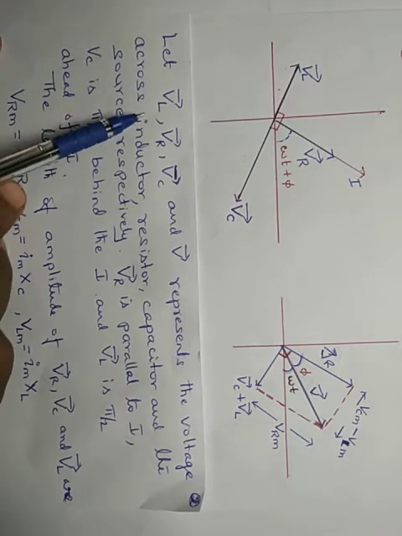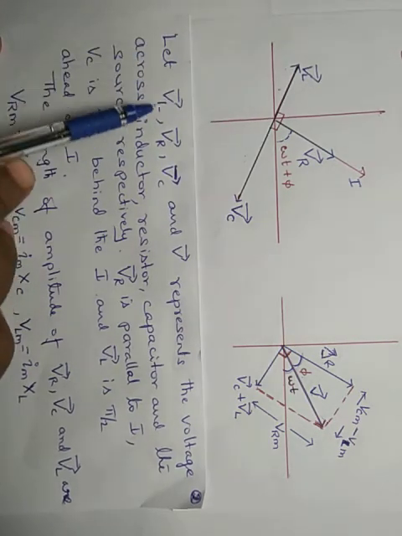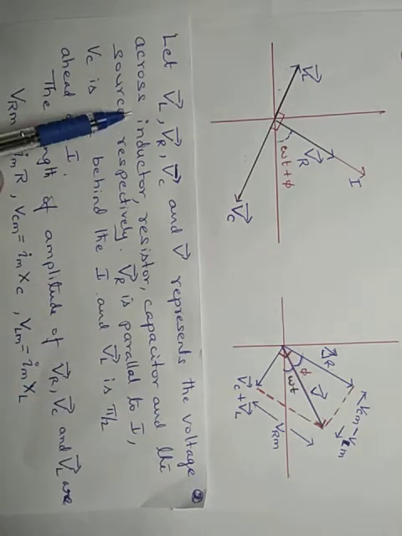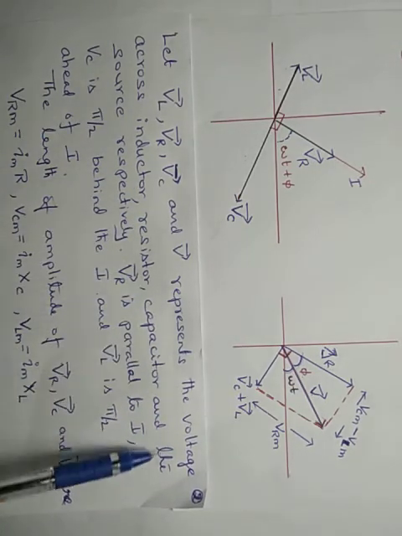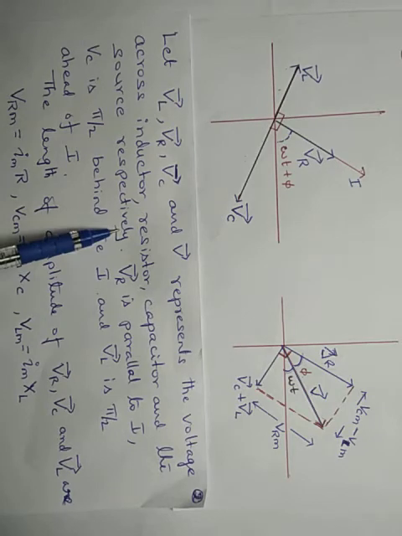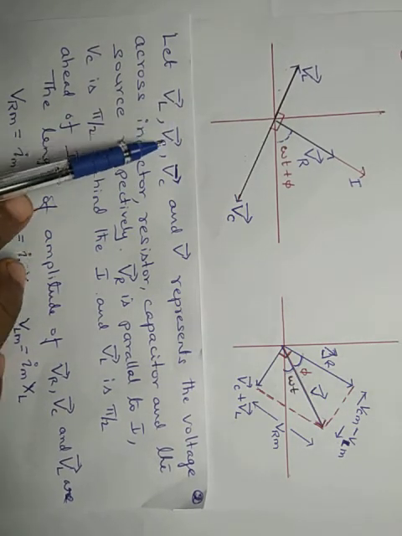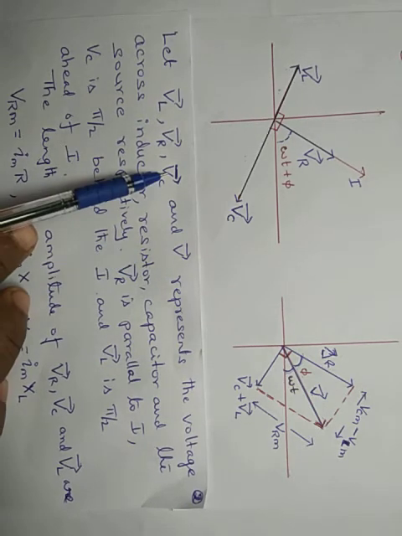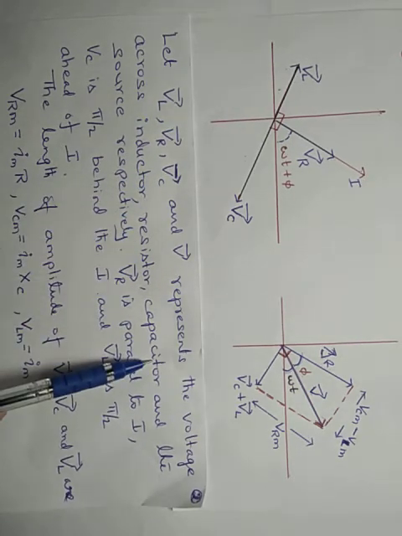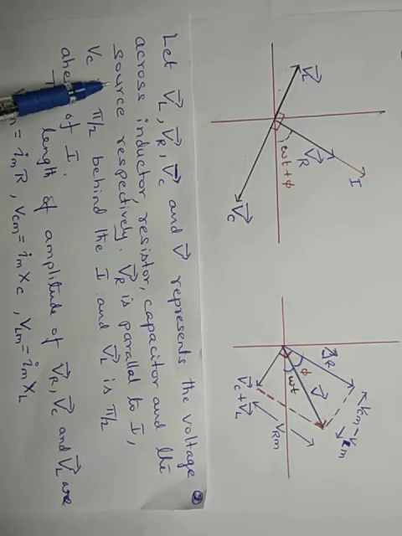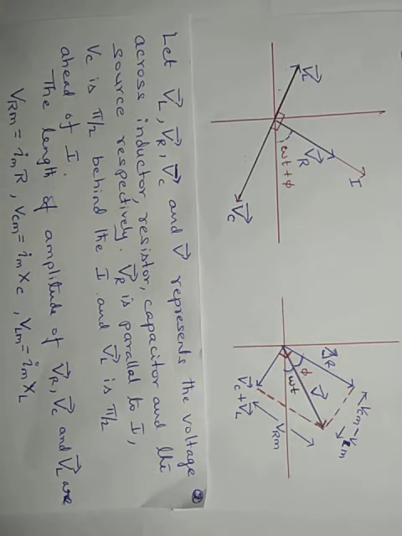So, let VL, VR, VC and V represent the voltage across the inductor, resistor, capacitor and the source respectively.